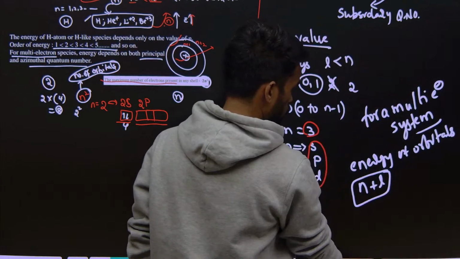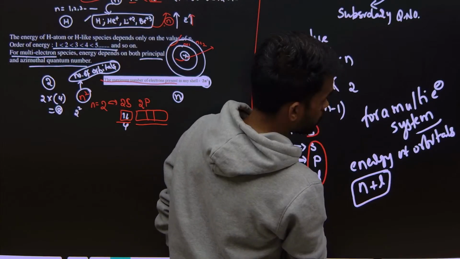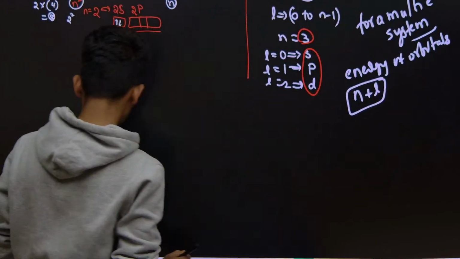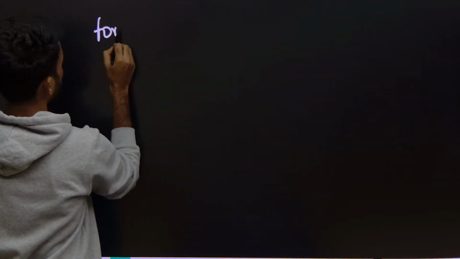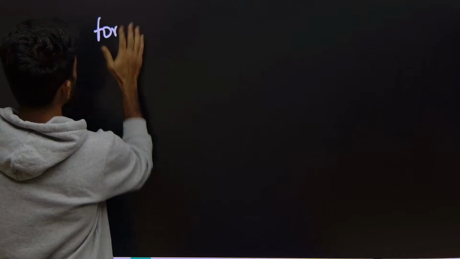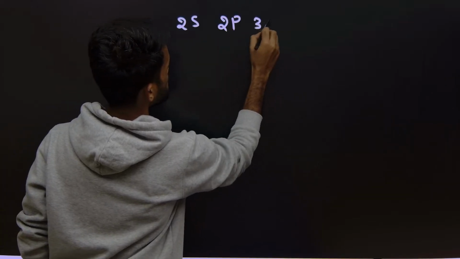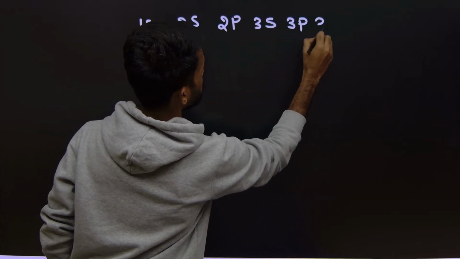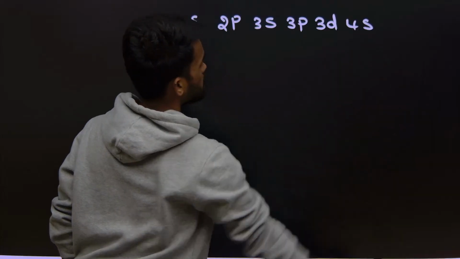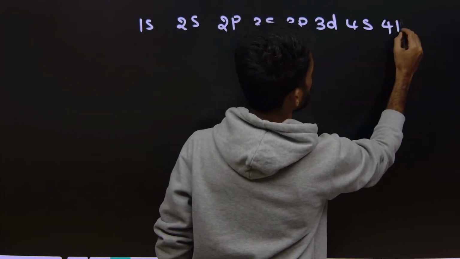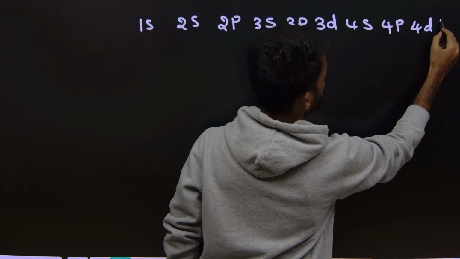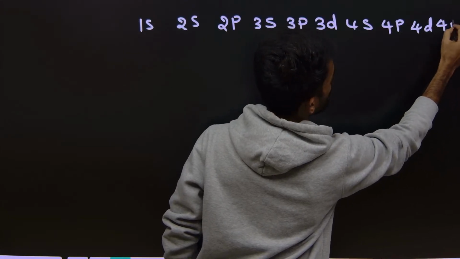Okay, so for example, I am writing 1s, 2s, 2p, 3s, 3p, 3d, 4s, like this I am writing 4s, 4p, 4d, okay, 4f, like this we are writing.